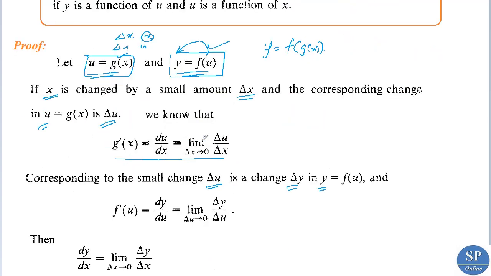So dy/du or f'(u), by definition, is limit delta u tends to 0 of delta y by delta u. Here u is the independent variable and y is the dependent variable.